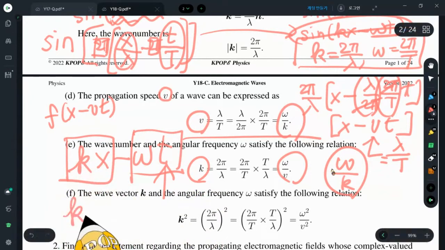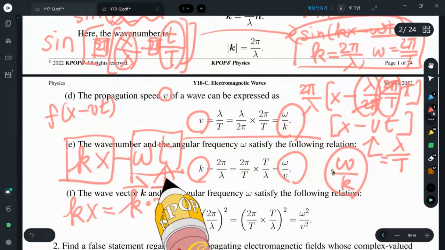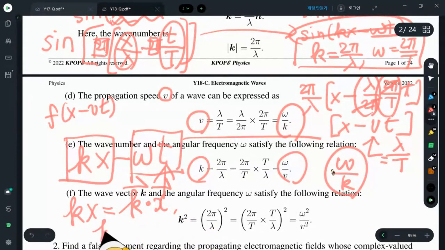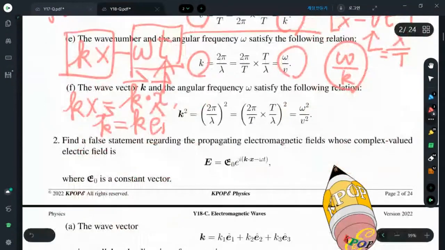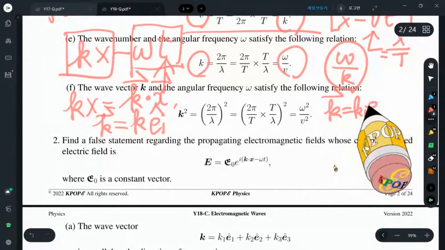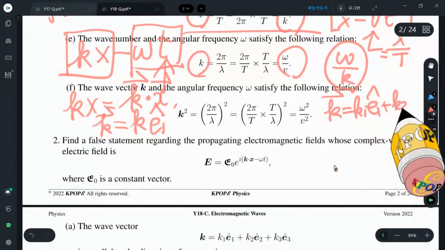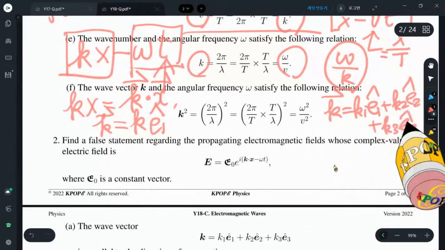So the simplest expression for kx is just the k vector scalar product with x. In here, the k vector is along the x-axis only. So k, in general, must be expressed as k1 e1 plus k2 e2 plus k3 e3.